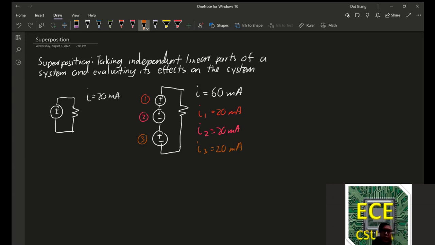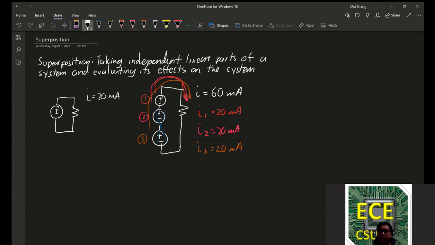So I took apart the different battery sources and, just to pretend, what if we ignored these two and looked at them one at a time: how this battery affects this circuit, how this battery affects this circuit, and how this battery affects this circuit.